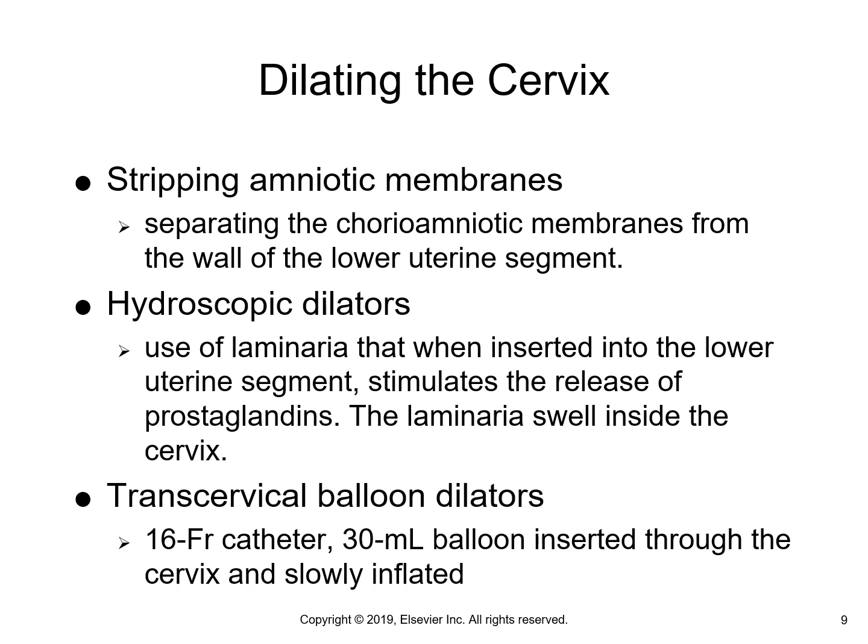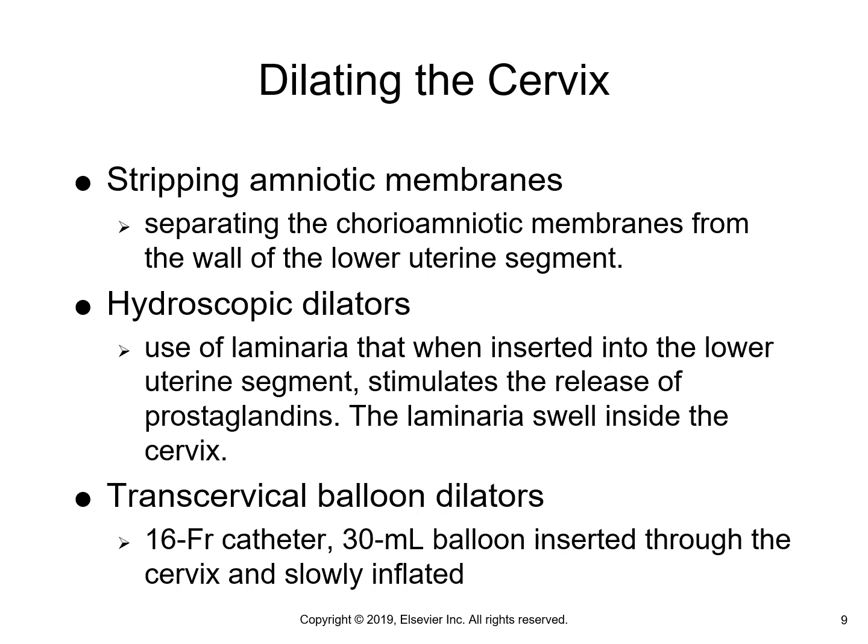The examiner or physician, with a gloved finger, inserts it through the cervix into the internal cervical opening, and then rotates the finger along the lower uterine segment to strip or separate the membranes from the wall of the uterus.